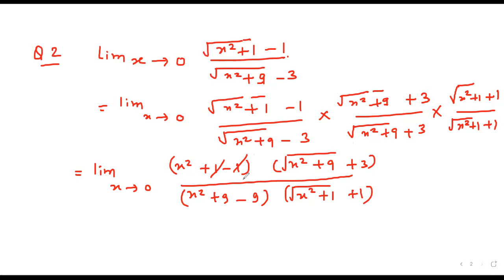From here, 1 will cancel out, this 9 will cancel out, x square upon x square will also cancel out. And then we put x equal to 0. So from here, it will be 3 plus 3, 6, and here 1 plus 1, 2. So 6 upon 2, and that will give 3. So this is our answer.